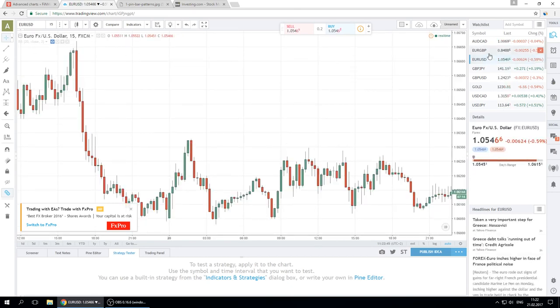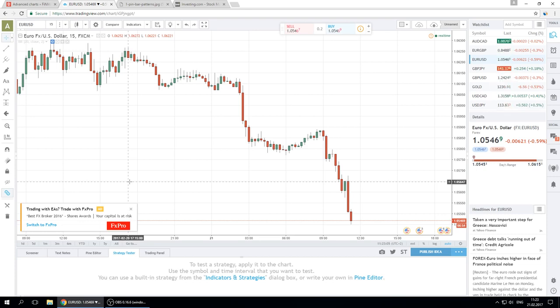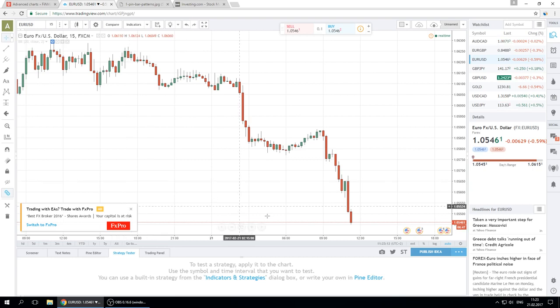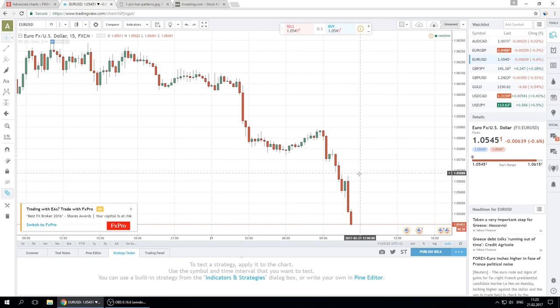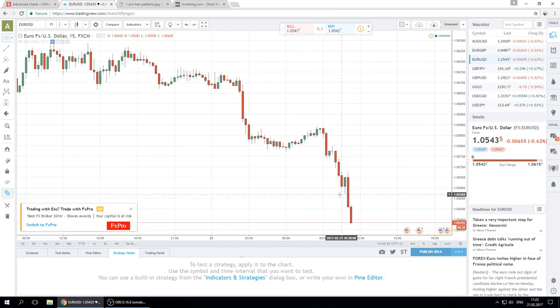Well, in this case, what we see is that euro continued falling, and if in 6 minutes, when this candle closes, the price is at a low level, and the next candle starts with the opposite color, it means that this is a good pin bar and a good opportunity for us to open the trade.